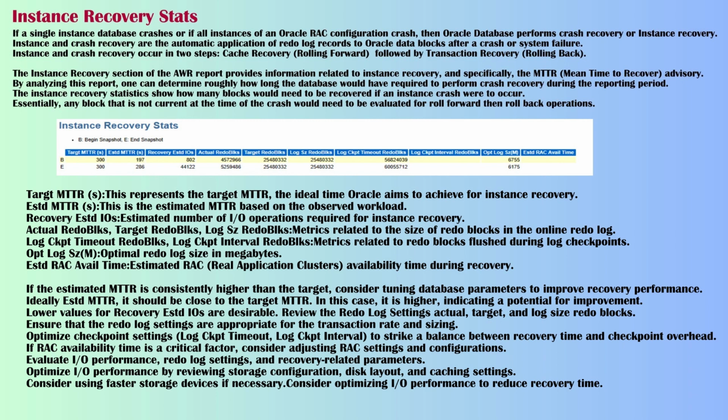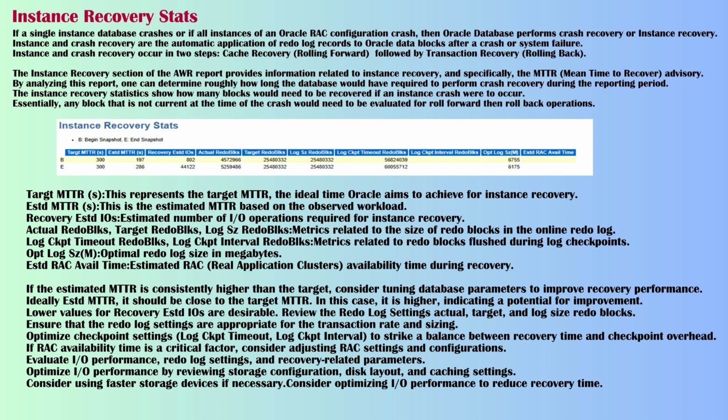Target MTTR, this represents the target MTTR, the ideal time Oracle aims to achieve for instance recovery. Estimated MTTR, this is the estimated MTTR based on the observed workload. Recovery Estimated IOs, estimated number of IO operations required for instance recovery.